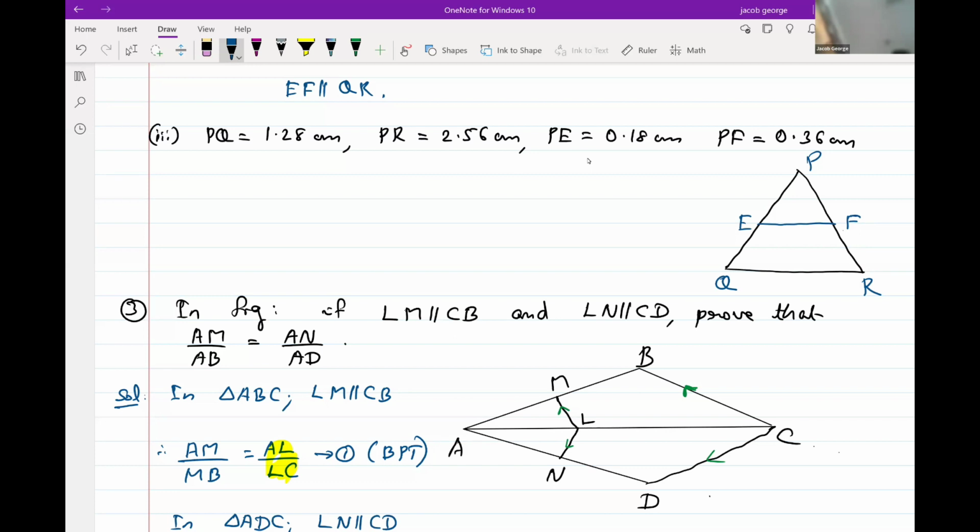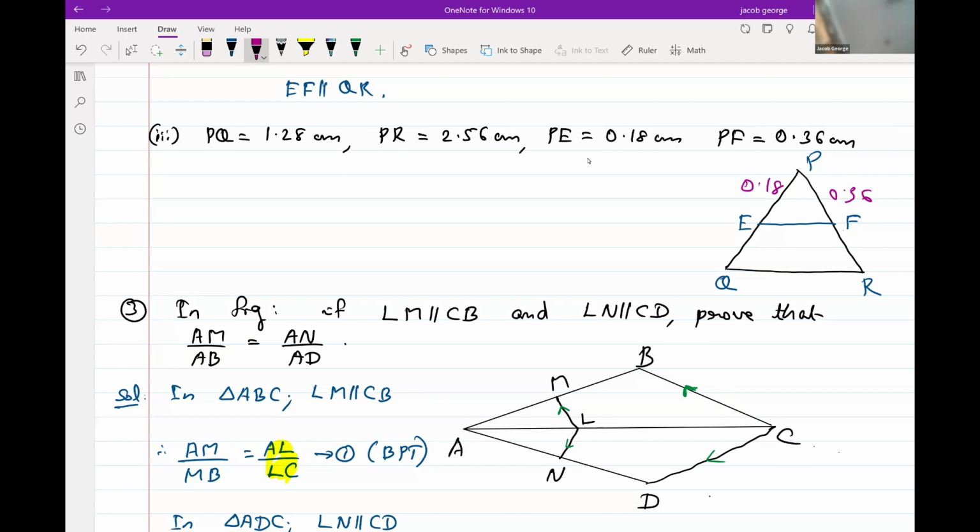Now we do like this. PQ is 1.28, right? PR is 2.56. Then PE is given, 0.18, and PF is 0.36. So we should find out EQ, right?